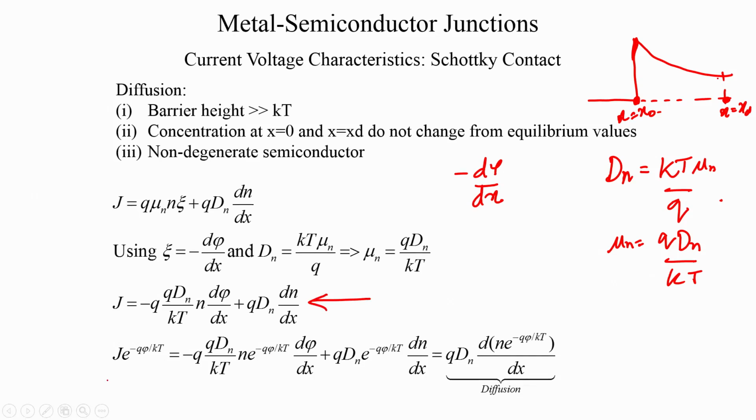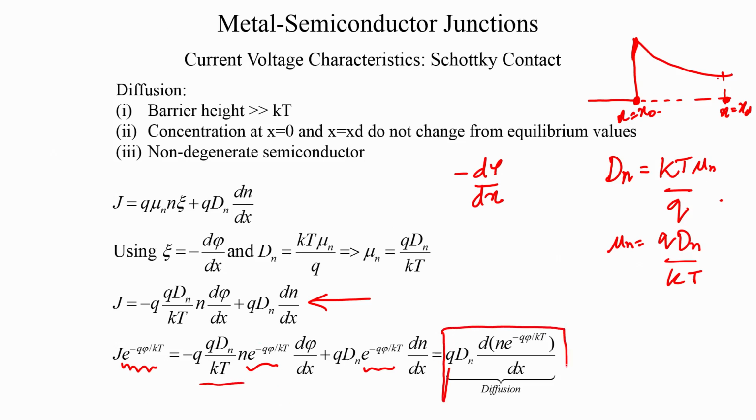So, what we are going to do is take this expression and multiply this little factor, which is e to the power minus q phi by kT, on both sides, and we are doing this for a certain reason, okay, and it is because you will find that the expression on the right hand side is equal to this term here, okay.